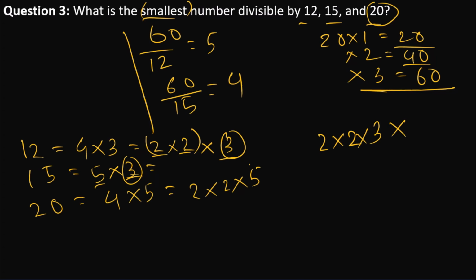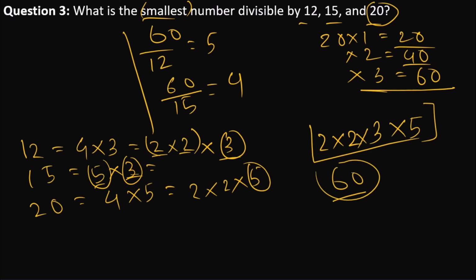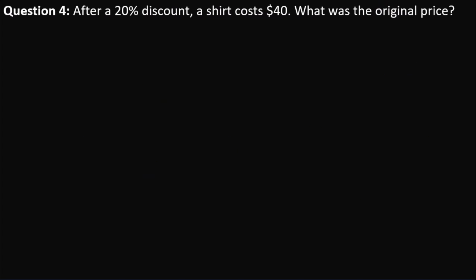So here also 5 and 5, so we need to take 5. This way we will get the number. So 2 times 2 is 4, 4 times 3 equals 12, times 5 equals 60. So 60 will be the number. So these two cases I have already shown to you, and this will be better to solve these types of mathematics.